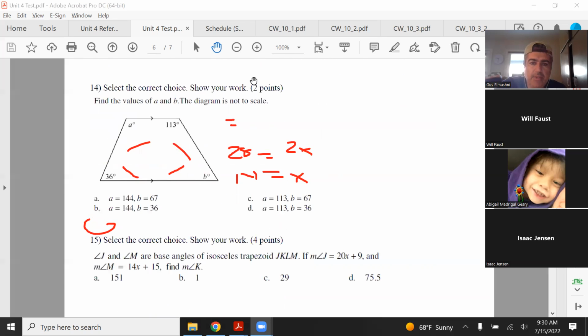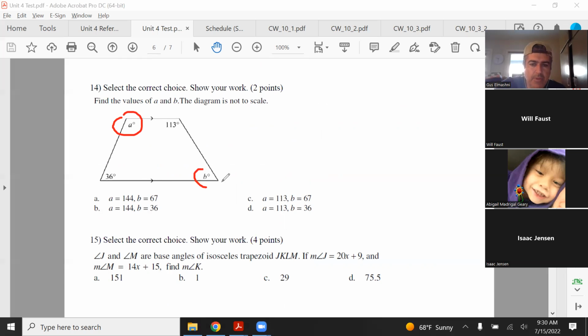Number 14, remember this is not an isosceles trapezoid, so you guys thought it was. You can't go based off looks, even though it kind of looks like it. Somebody said A was 113 and that B was 36. That wouldn't make any sense because this wouldn't then add up to 360, because it is a quadrilateral. What you do need to realize is that these are parallel.